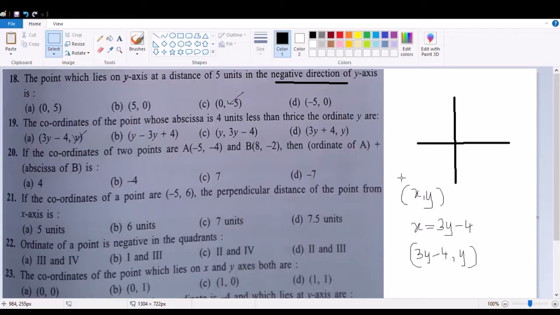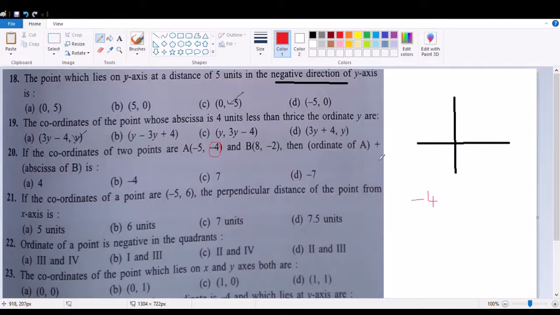If the coordinates of 2 points are A (minus 5, minus 4) and B (minus 8, minus 2), then ordinate of A plus abscissa of B. Ordinate of A means the y coordinate of A, that is minus 4.